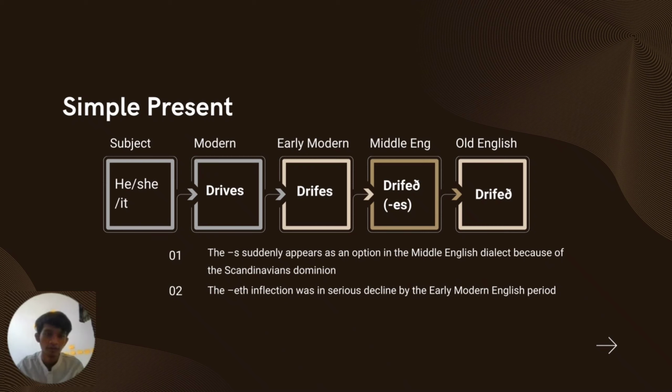Next is inflection used on the verb in the simple present. I chose he, she, it, the third person, as the subject here, and you can see the verb in Old English with its inflection at the end. In Middle English, there is an additional inflection at the end. The S appeared as an option in the Middle English dialect because of the Scandinavian dominion at the time.